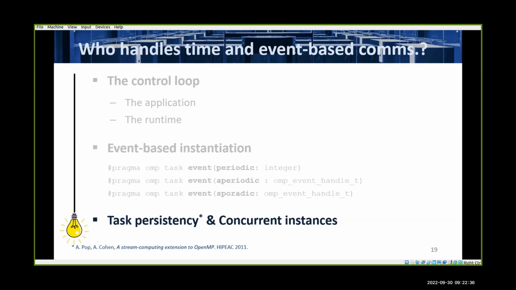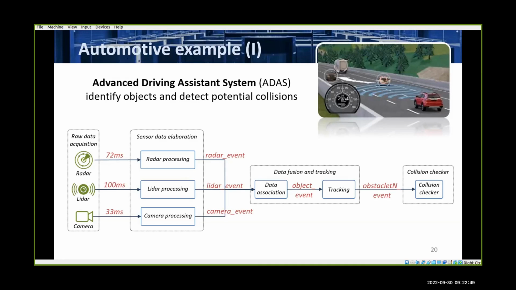Then another thing is that if we have more than one instance of a persistent task, we need some kind of mechanism also in the runtime to handle these different instances. But this is not the normal case.